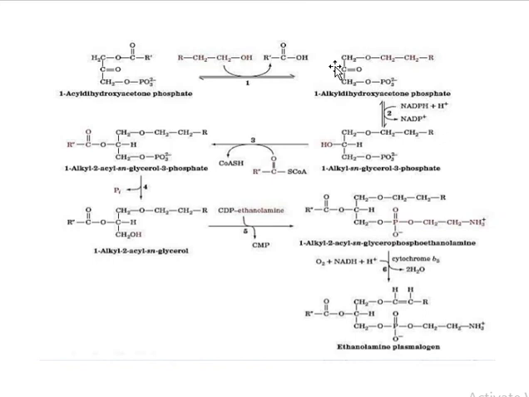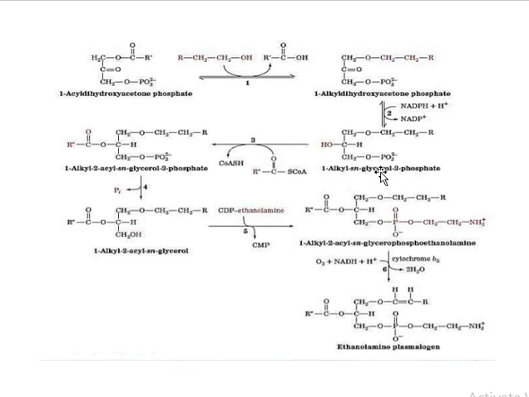Then the keto group of the dihydroxyacetone phosphate is reduced, and so it is changed to 1-alkyl glycerol 3-phosphate, and the reducing equivalents are provided by the coenzyme NADPH.